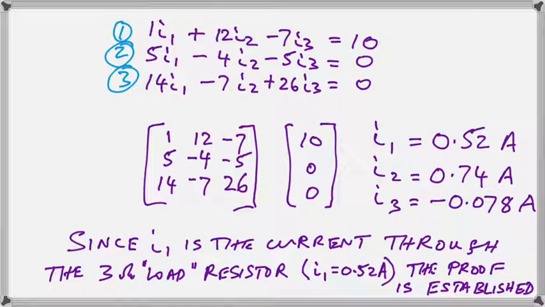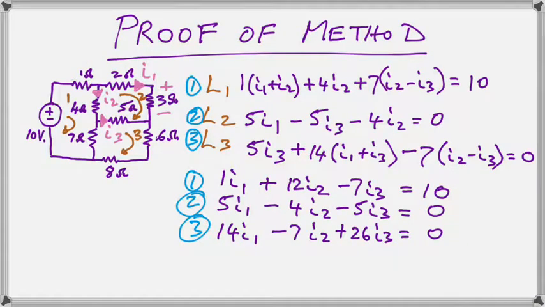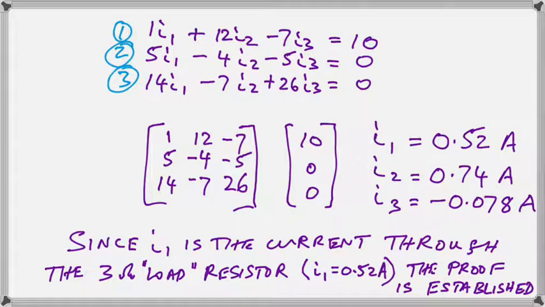And we can see that the current through the 3 ohm resistor is I1. And we see here that I1 has the same value of 0.52 amps. Since I1 is the current through the 3 ohm load resistor, the proof is established.